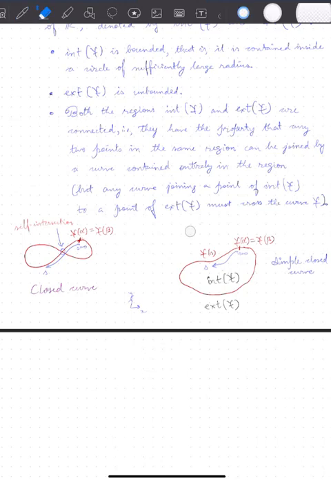Let's start drawing a circle here, centering it somewhere, and keep on increasing the radius until the entire curve is enclosed within the circle.